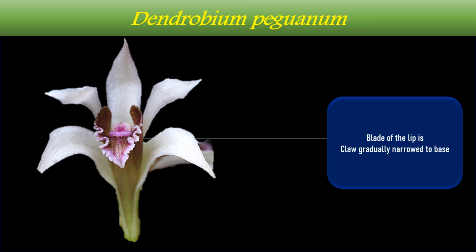It is a very clearly differentiated character of the lip, and it has pinkish, brownish and sometimes yellowish color. So here you can identify this by the lip variation.